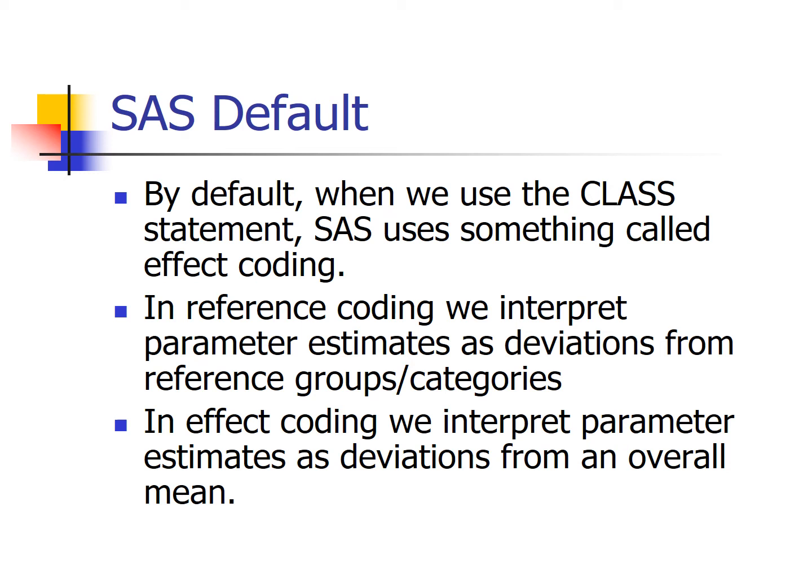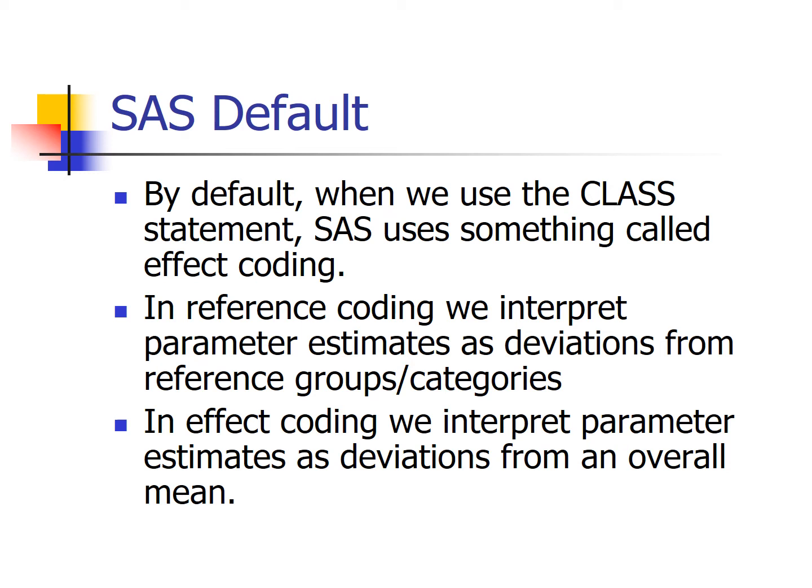Now, reference coding we're familiar with from Stat 512. With reference coding, we interpret parameter estimates as deviations from reference groups or categories, right? We have some reference group, maybe that reference group is Westchester University, and we interpret parameter estimates for perhaps other universities, maybe Arcadia University, maybe UPenn, as what their GPA is above or below the reference category Westchester University.